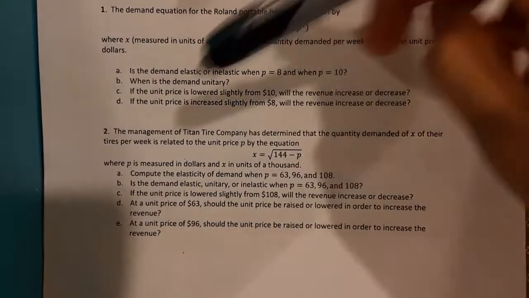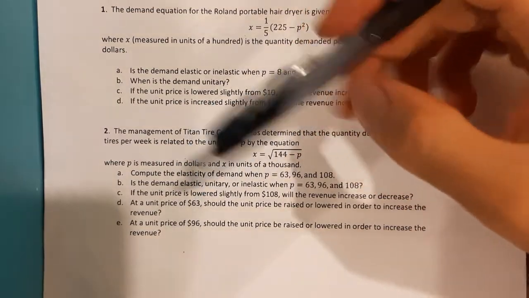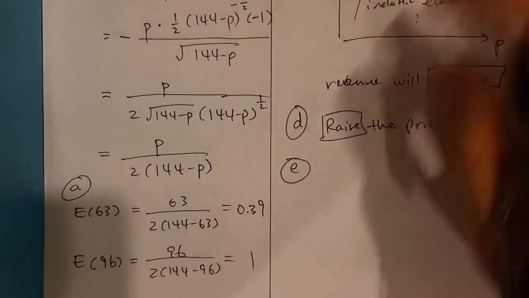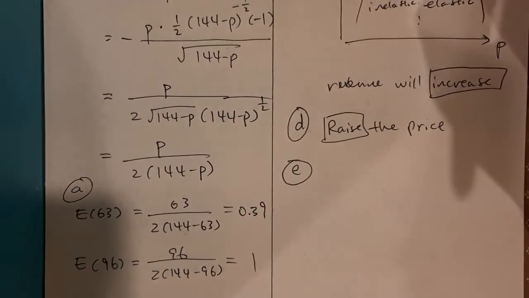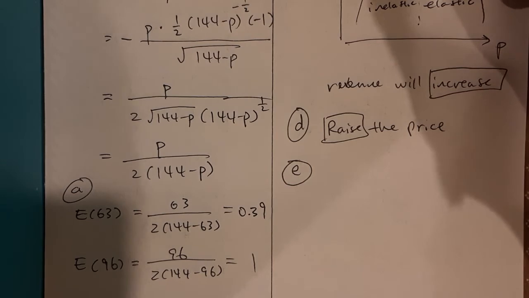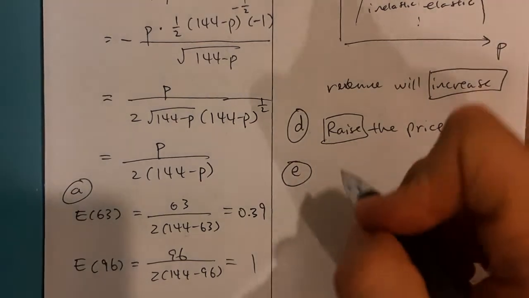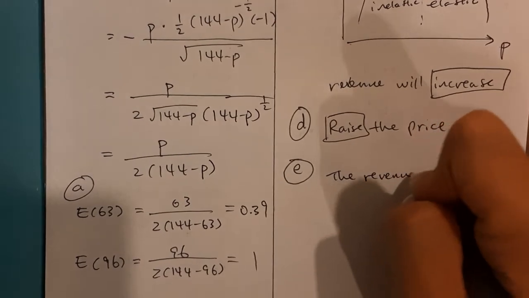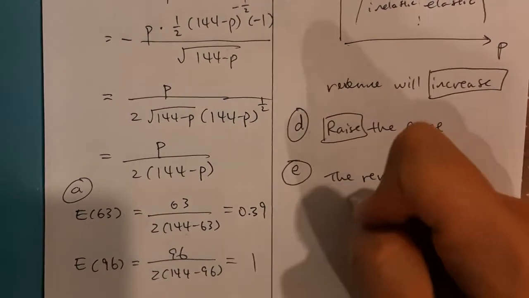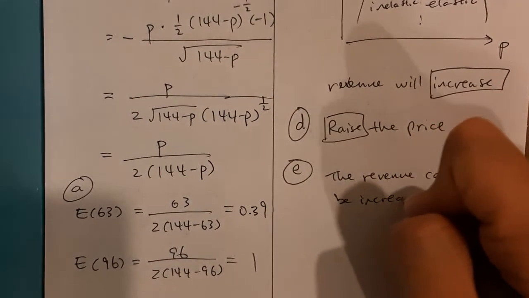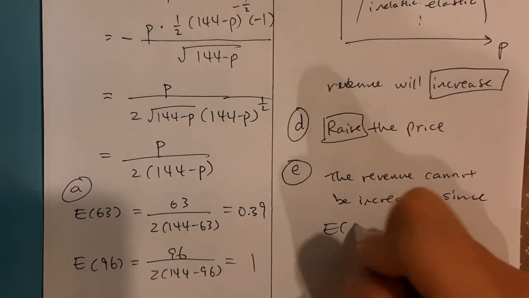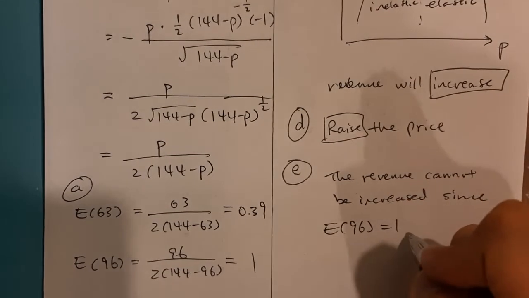This is a trick one, because at 96 it's already unitary, it's already at the top. So for this one, it's actually none. You can't really increase the revenue any further. The revenue cannot be increased, since E of 96 equals 1 and it's unitary.